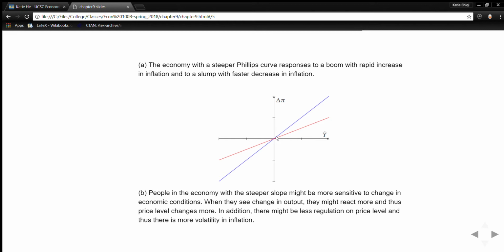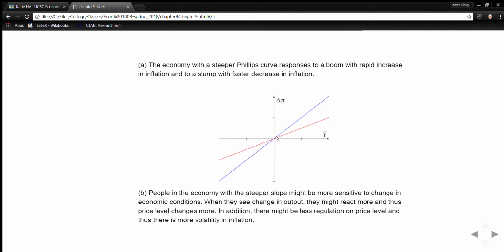On the other side, if you have an economy where people are very sensitive to changes, because they don't really believe in the current government or the policy or the foundation of the economy, they would think that, oh wait, this economy is not stable and now it's declining. I should save up my money so that I can be prepared for the future. So they would cut back their consumption because they expect the economy to be really bad in the future and they want to have money in the future.